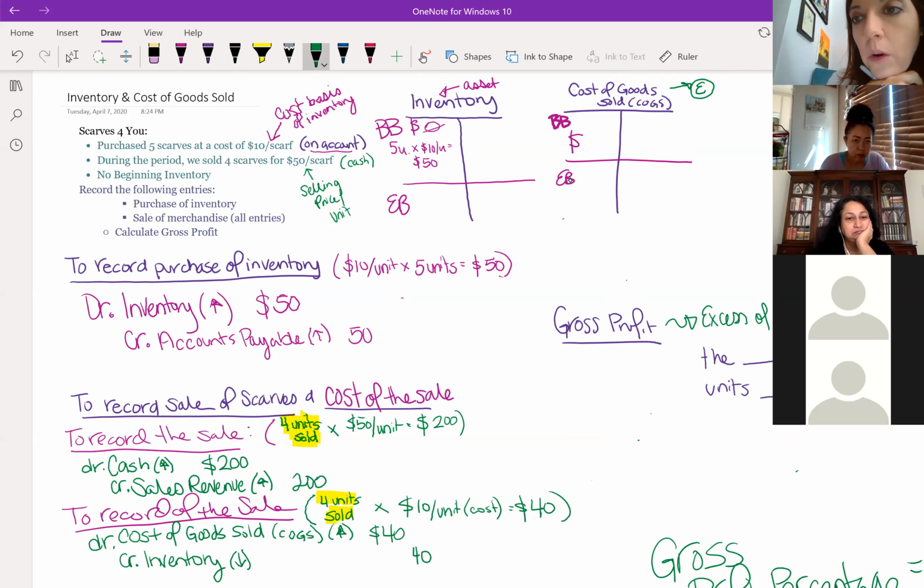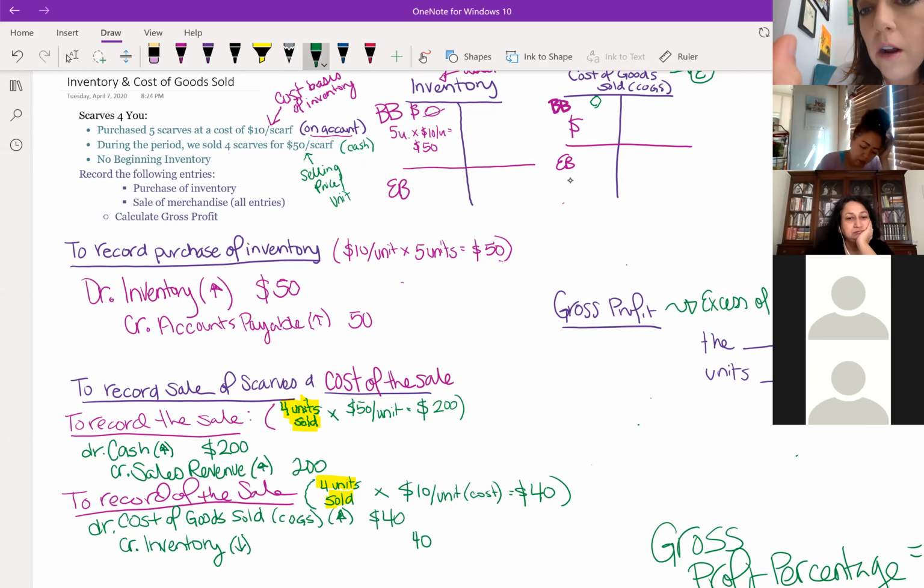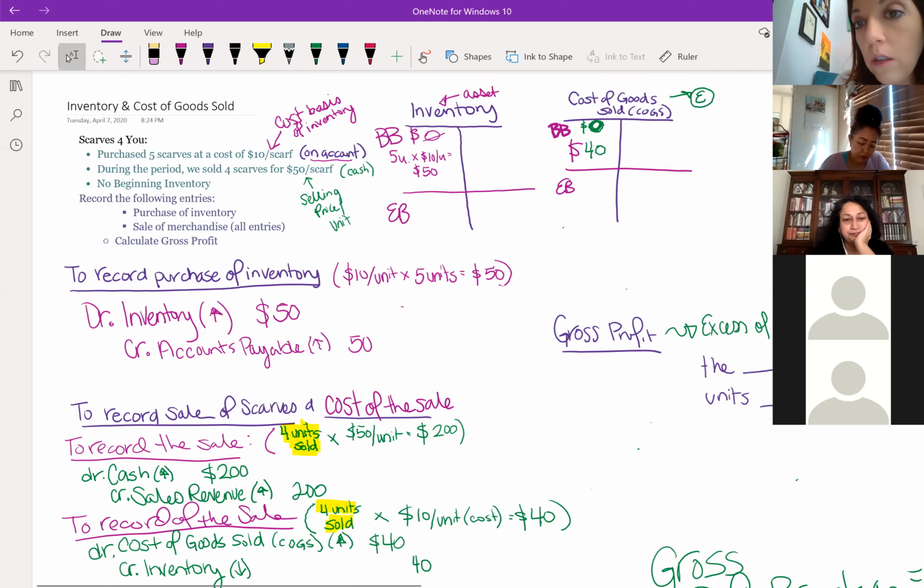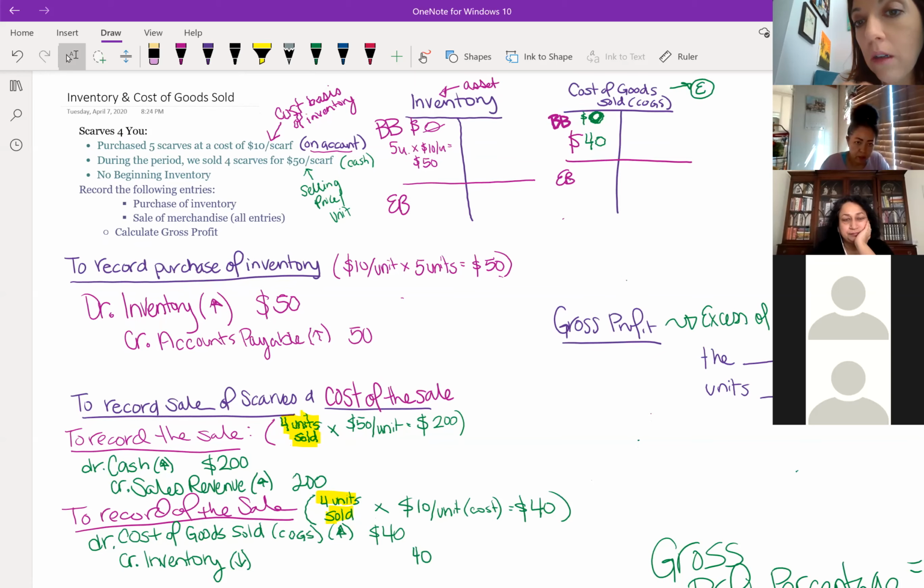So what happens to our cost of goods sold account? We had a beginning balance that was 0 because they hadn't sold anything else previously. And we debited cost of goods sold in the journal entry for 40. So we're going to debit cost of goods sold in the T account.